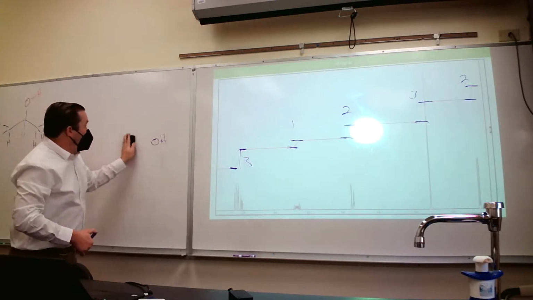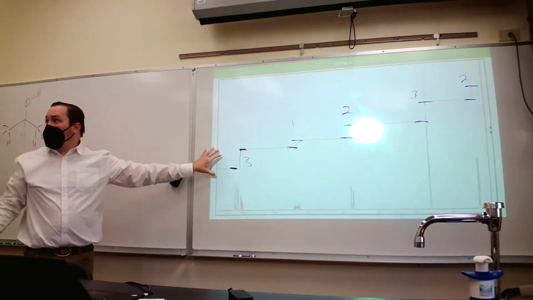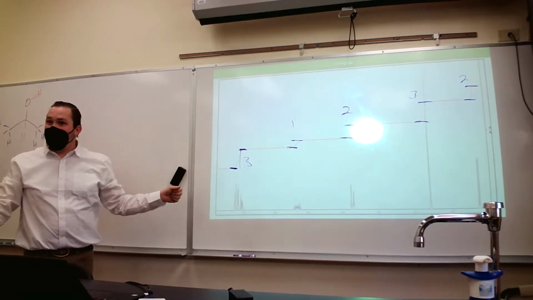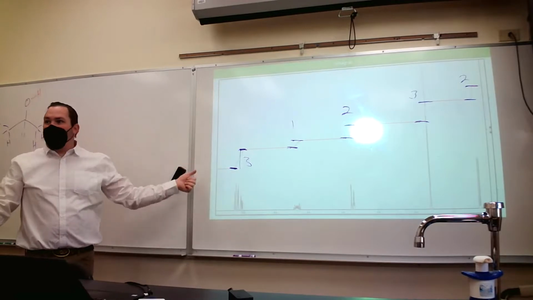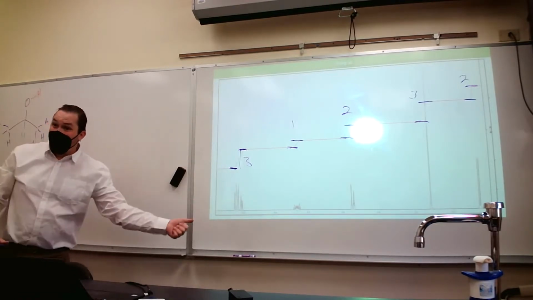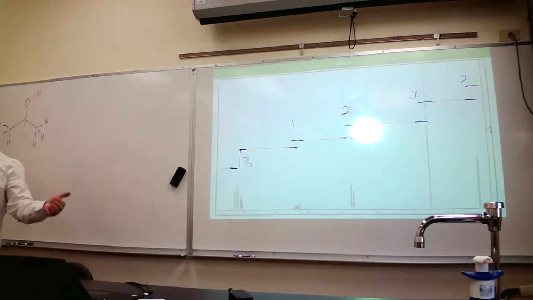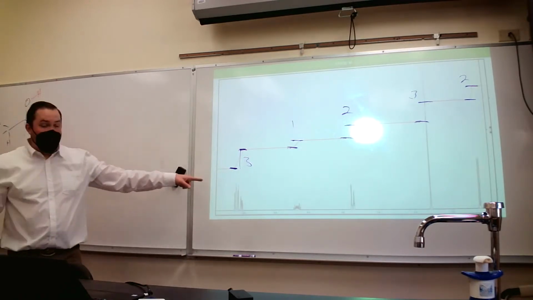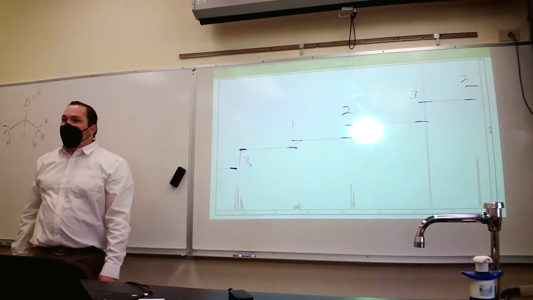But you can see how, as opposed to IR, which leaves you lots of options, NMR is a lot more restrictive because of all the information it has, which means if you have an IR and an NMR, use the IR to get a couple of options, or even 10 options, based on your formula and the IR. And then you basically can go through your NMR and start knocking stuff off the list.